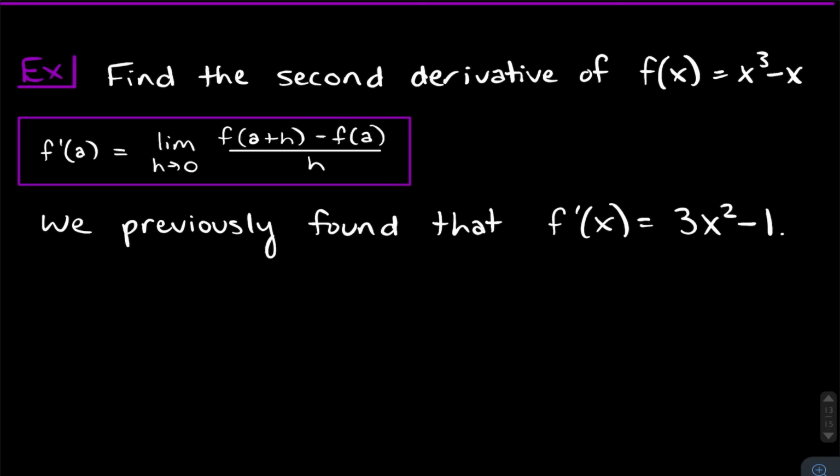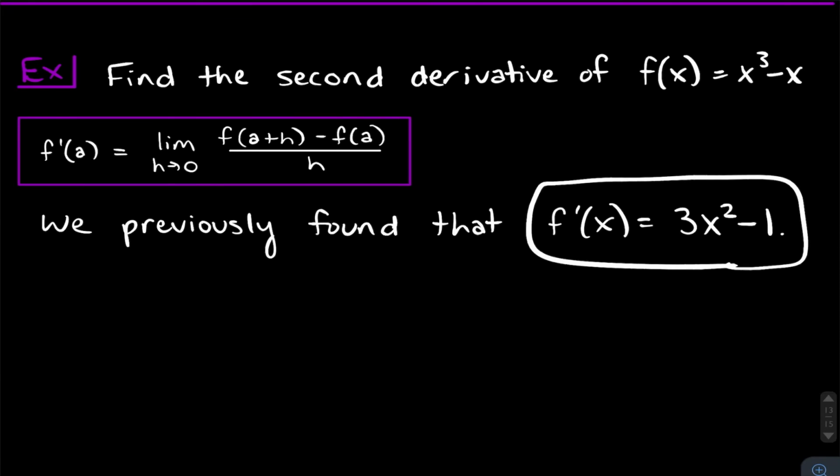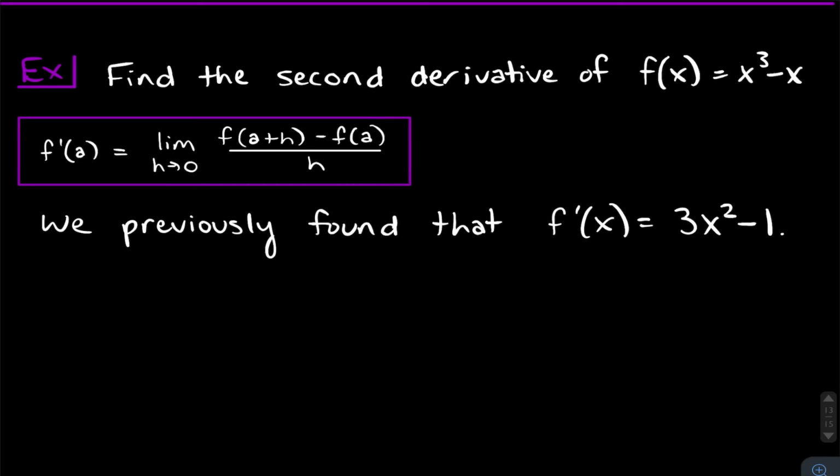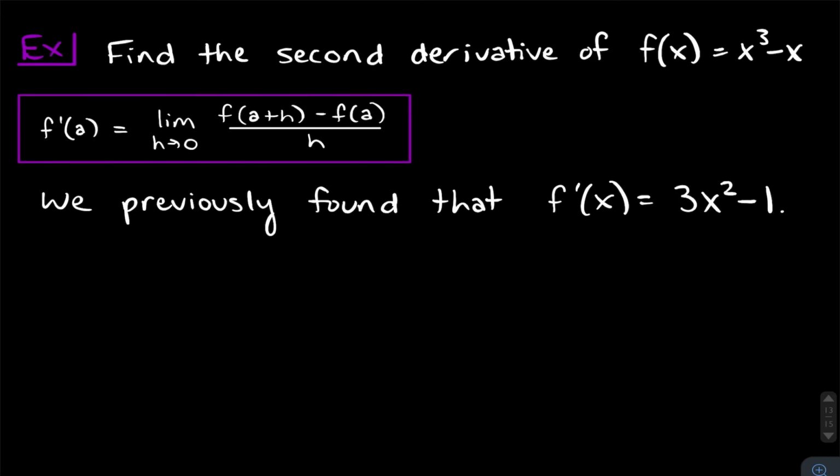Now, as an example here, find the second derivative of f of x equals x cubed minus x. We already found in the first example when we were dealing with polynomials that this was the first derivative. That's the first time we take a derivative, that's what we get. And so what we do now is we take another derivative of this. If this is f prime of x, we're going to modify our limit definition equation a little bit.